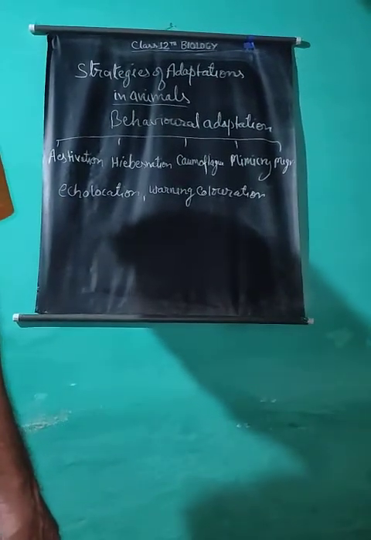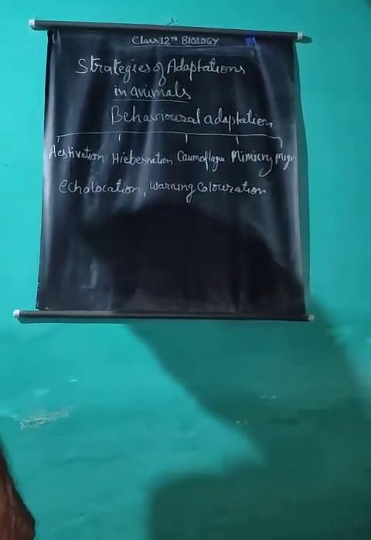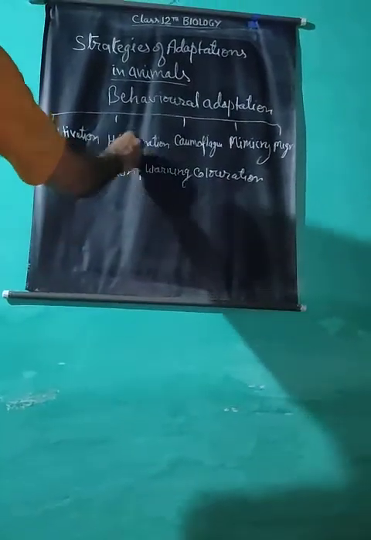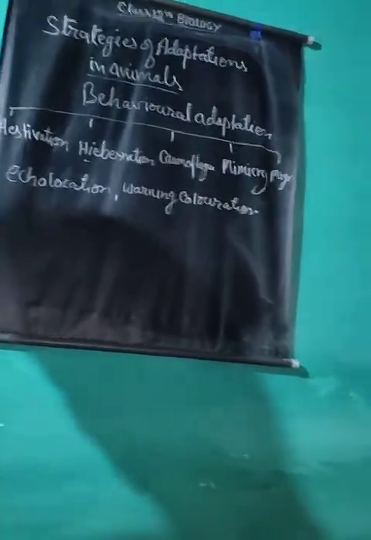Hibernation is a kind of adaptation of passing the winter in a resting or dormant condition, also known as winter sleep. Hibernation occurs in cold-blooded or ectothermic or poikilothermic animals, for example frog, and in some warm-blooded endothermic or homeothermic animals which do not migrate to warmer regions, for example northern ground squirrels.